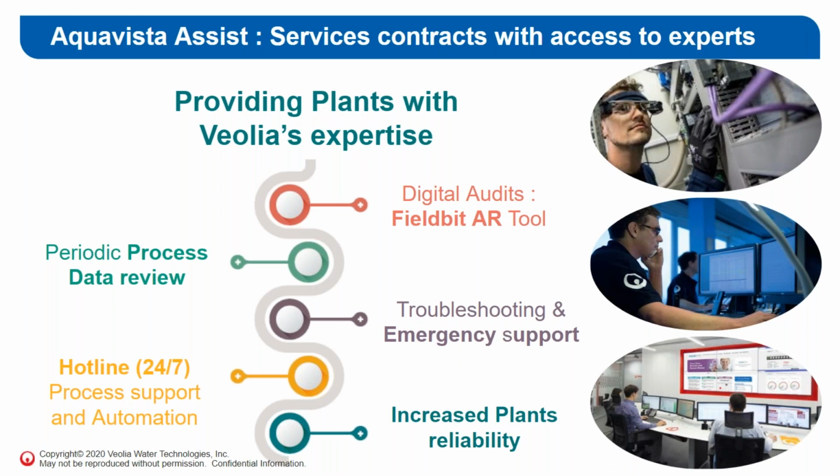So we've really seen an increase in the use of things like the FieldBit augmented reality, and that lets one of our technicians see what you're seeing. You can see a little picture there that shows a guy with some glasses on. The glasses aren't required.